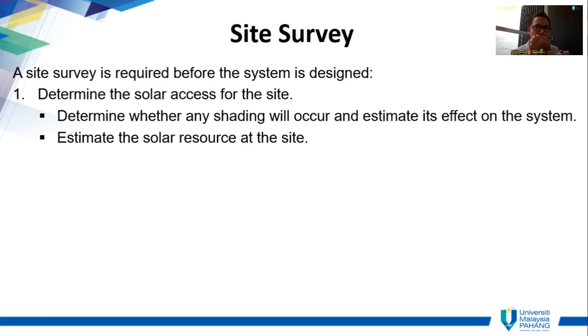However, if you don't go to the site, you are not going to get the exact information about the installation site. So it's very critical. After you get that source of data, you can estimate the solar resource at the site for one day, for months, and for a year.